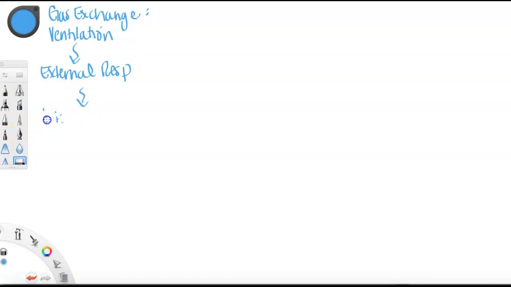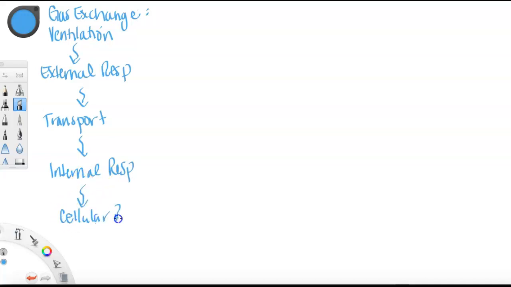Then we have transport. Then internal respiration. Cellular respiration.